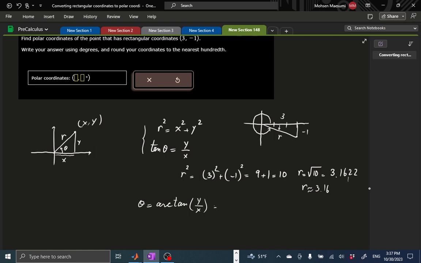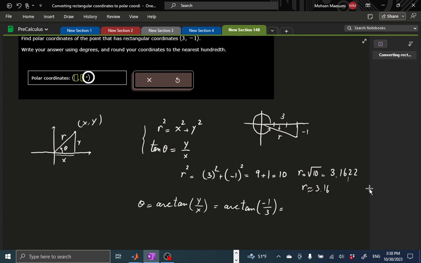So here, arctangent of y over x, or we can write it as arctangent of, my y is minus 1, my x is 3, minus 1/3. I know that angle is going to be negative, so arctangent of... make sure you practice this on your calculator.